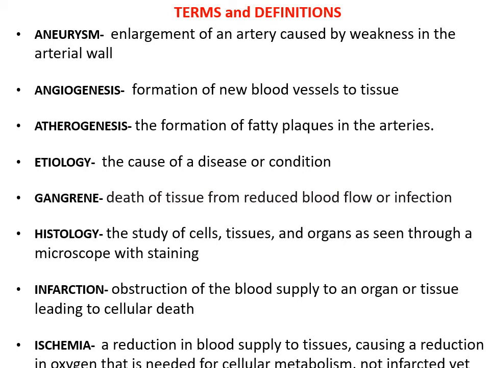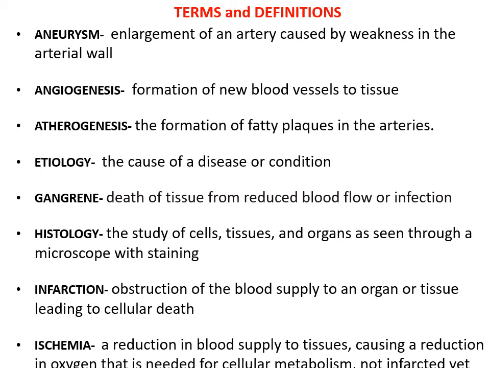Okay. The term etiology, that just means where did the disease originate from? What's the etiology of a disease? Okay. Gangrene just refers to death of a tissue, often from reduced blood flow, plus infection has occurred because the tissue has died, and dead tissue is a perfect place for infection to begin.